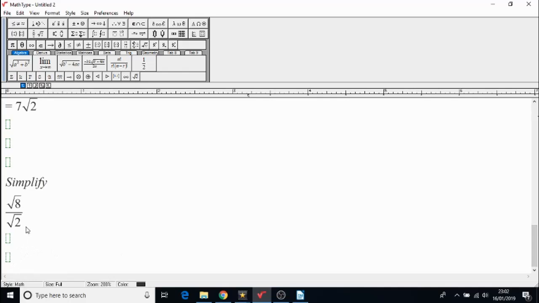So here, with this question, square root of 8 over square root of 2, when simplified, we can rewrite it as square root of 8 over 2.